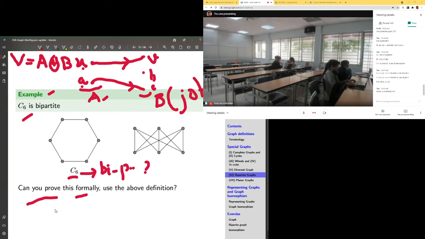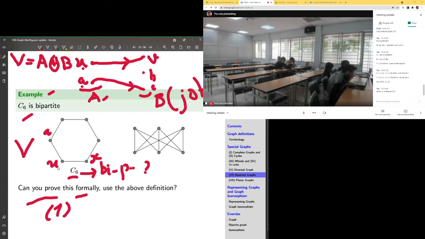First of all, if you denote the vertices here by the notation, sorry, I have to write again the notation so that you understand the theory.